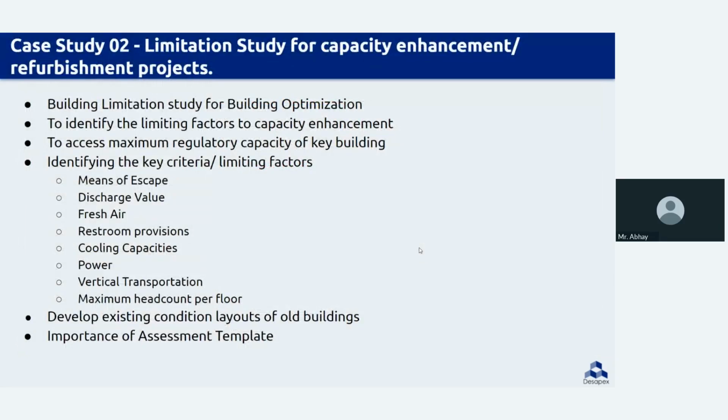The next case study I want to present is regarding BIM, where we used BIM models to check the codes and standards and prepare a report on limiting factors for expansion of occupancy capacity. We called it the building limitation study.